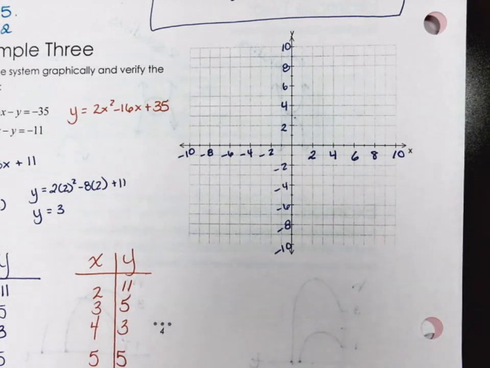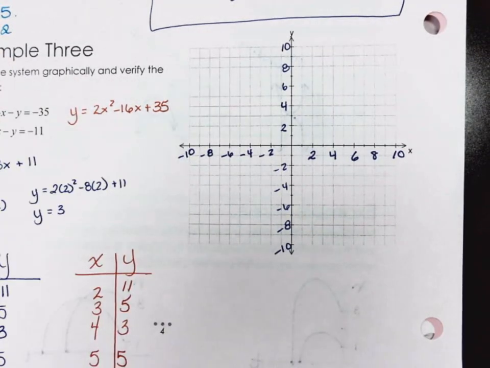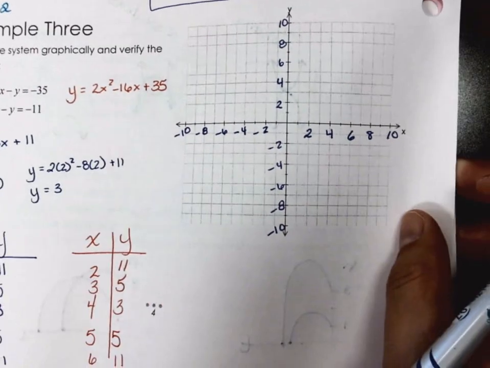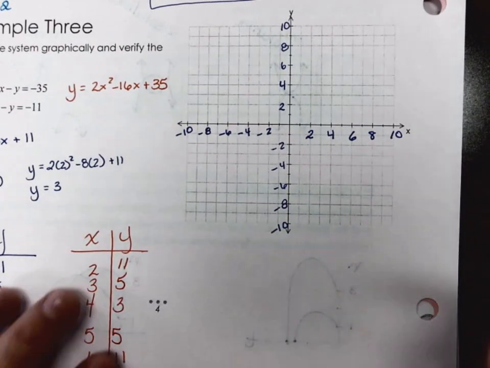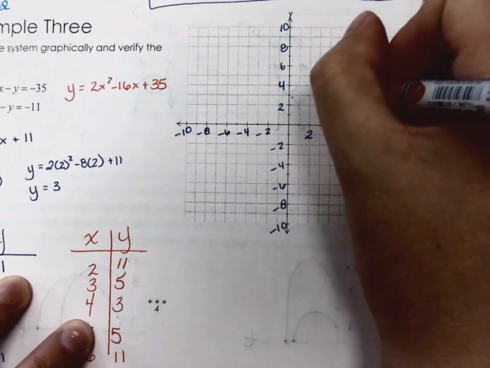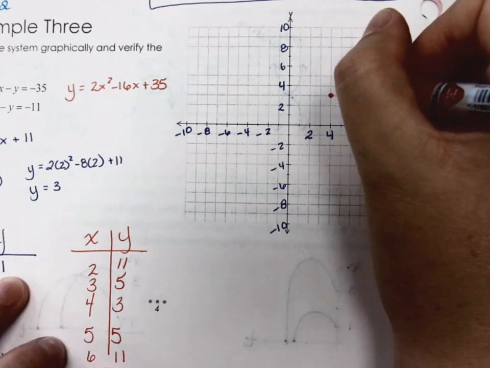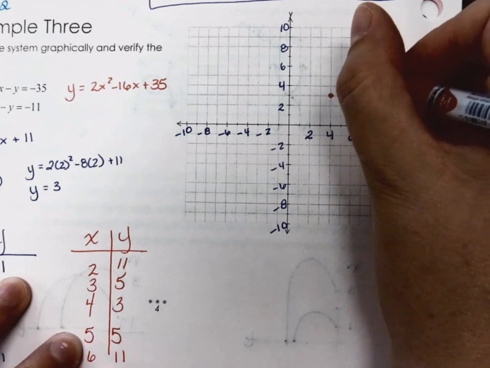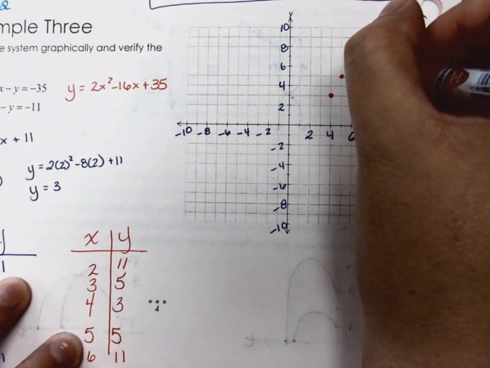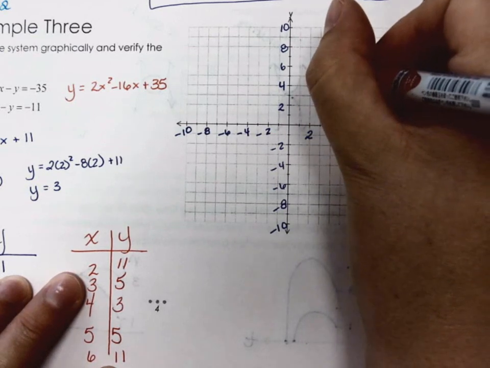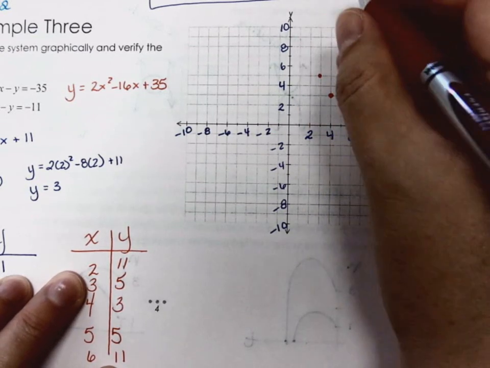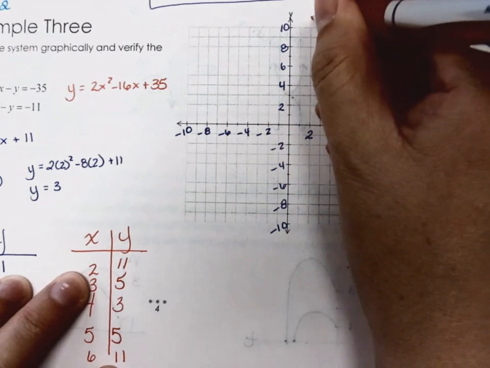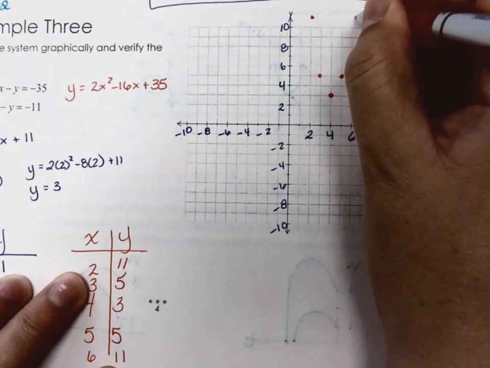Okay, I'm going to graph the second equation in blue and the first equation in red. So do what you will with that piece of information. Do you guys always start at your vertex when you're graphing? And 2, 11 would be somewhere up here, 6.